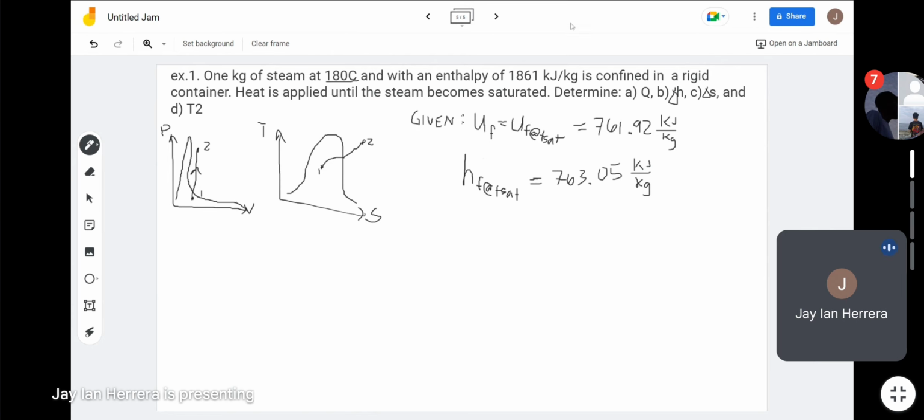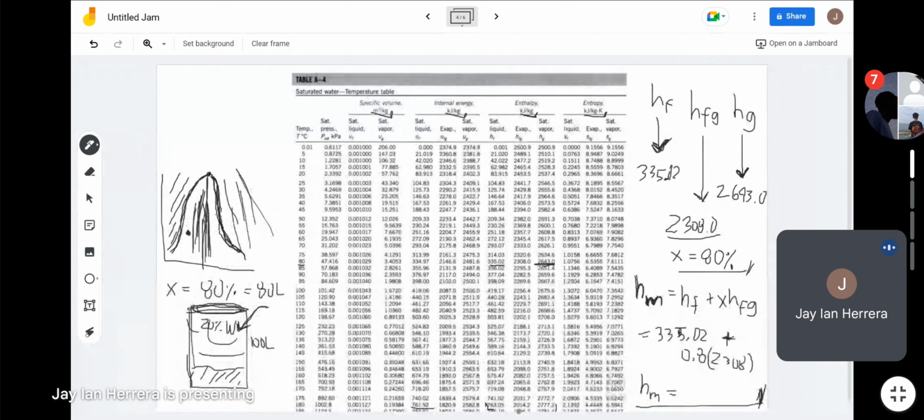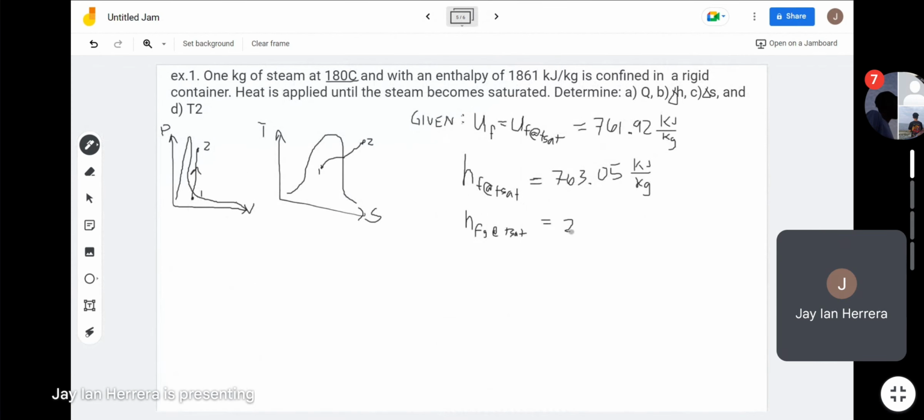And we are given HFG at TSAT, which is 2014.2 kilojoule per kilogram. So, get your calculators, let's solve.